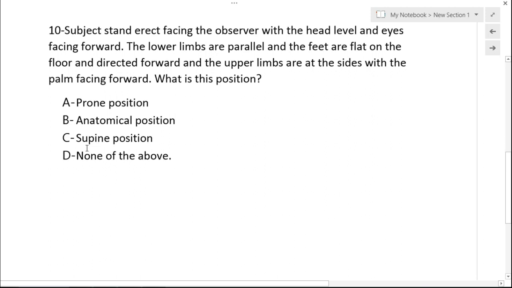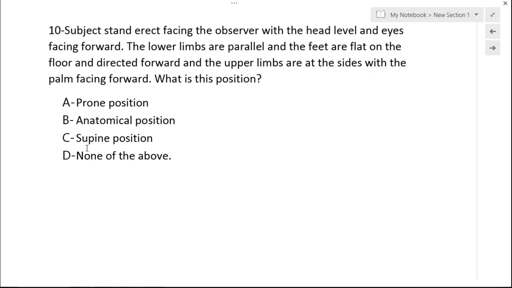The subject stands erect, facing the observer with the head level and eyes facing forward.